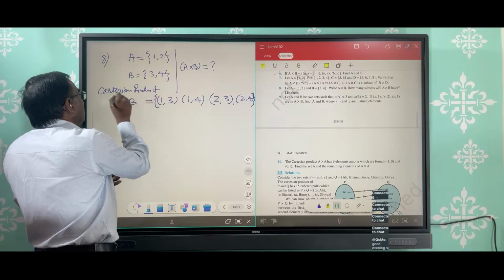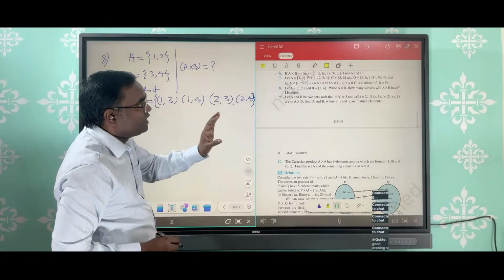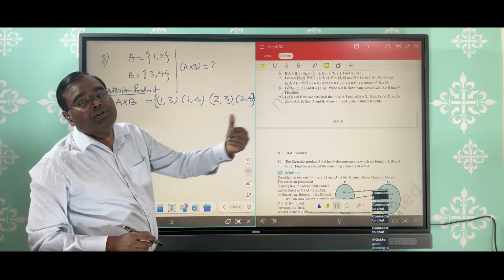Now it is being asked how many subsets A cross B will have.